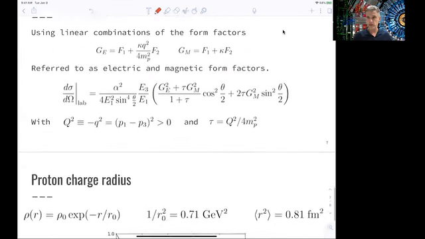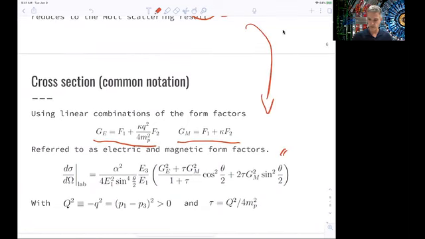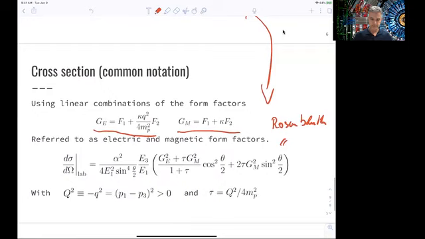Historically, this is not a new idea. This has been done for generations. Historically, the parameterization was done slightly differently. We introduced a linear combination of those form factors, and those are typically referred to as the electric and the magnetic form factors, the GE and GM. This formula here, and this is just algebra going from the previous formula to this, is called the Rosenbluth cross-section formula.